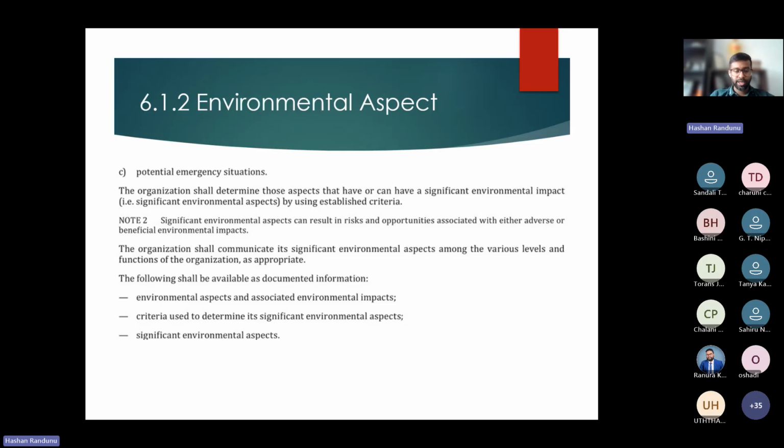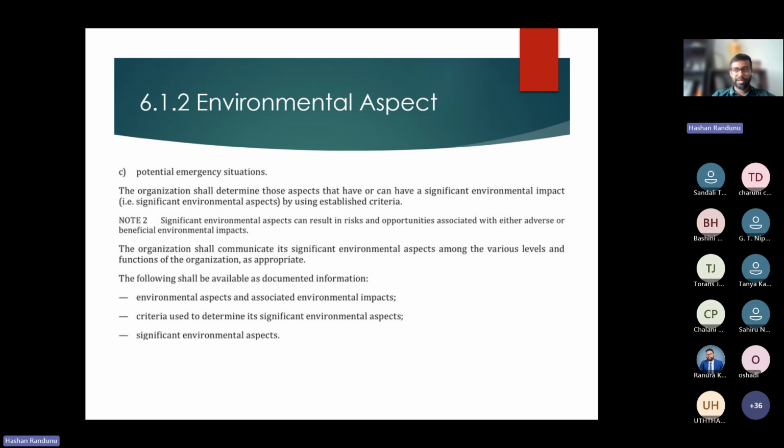It has given us the freedom to determine our own criteria to identify significant environmental aspects, right? Once we identify the environmental aspects related to our activities, processes, products, and services, we need to identify what are the significant environmental aspects. To identify those, the standard has given us the freedom to determine our own criteria.